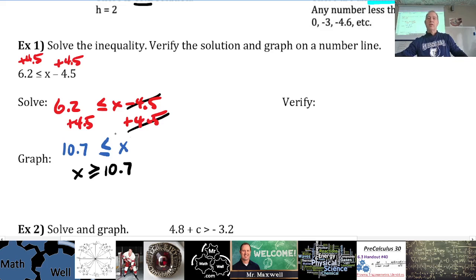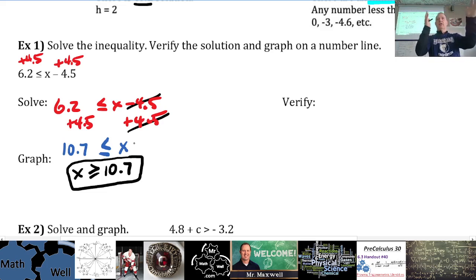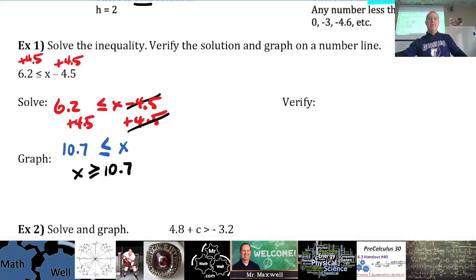So these two are the same. And if you like putting x on the left side always, then you can do that. But if you don't change any signs, we're just literally flipping the inequality. So everything goes, the signs change, the numbers go to the other side, and you can read it like this as well. Okay? So let's graph and verify.